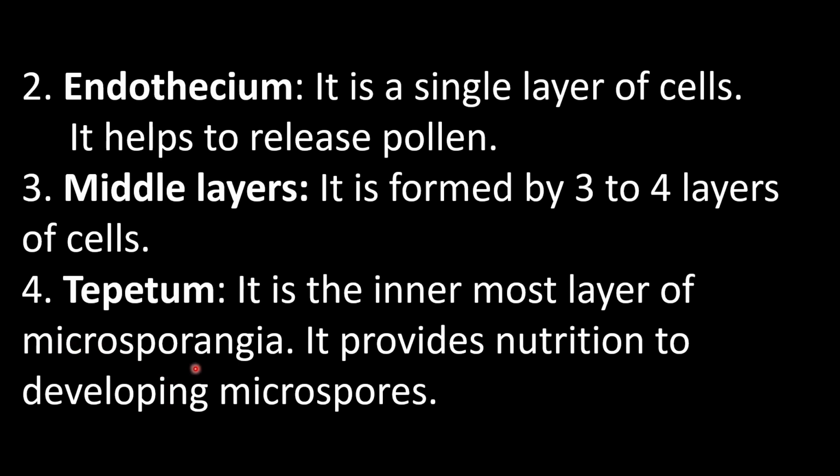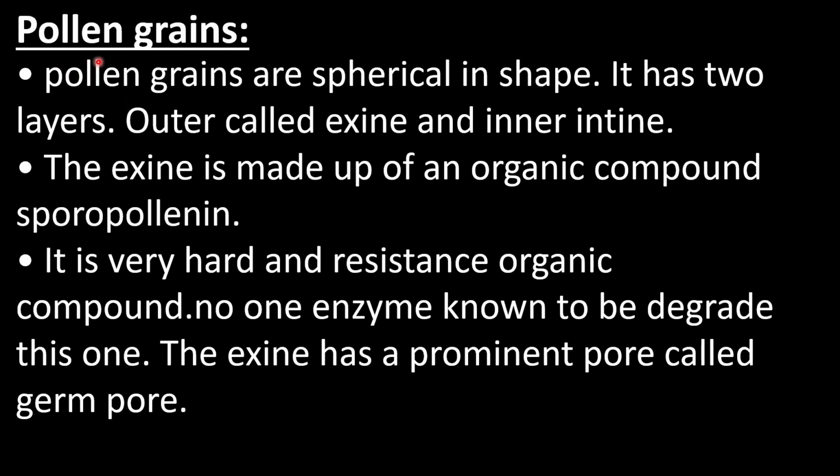So in this TS of anther, you will find the four layers, that is epidermis, endothecium, middle layer, and tapetum. And inside you will find sporogenous tissue present. Now, pollen grain. Pollen grains are spherical in shape. It has two layers, outer called exine and inner intine.